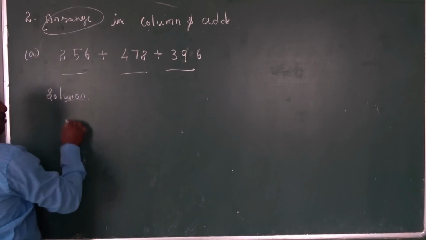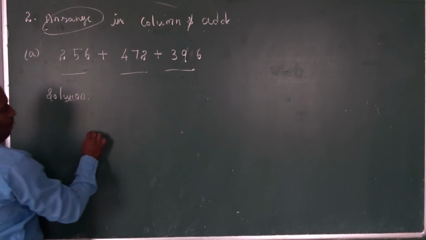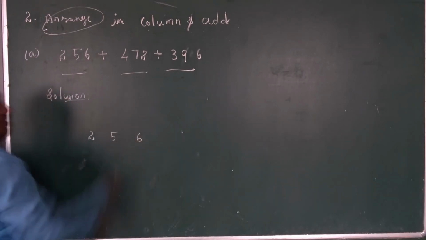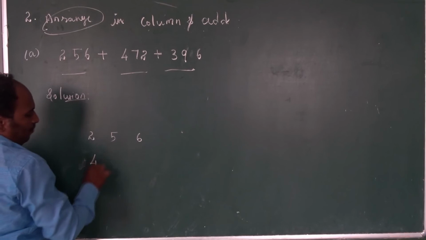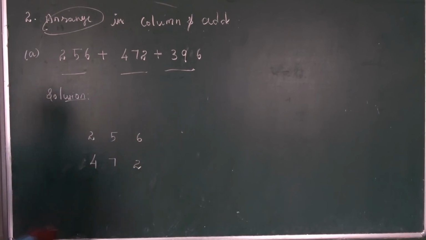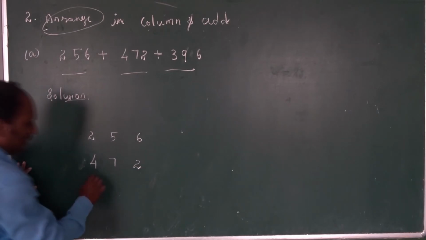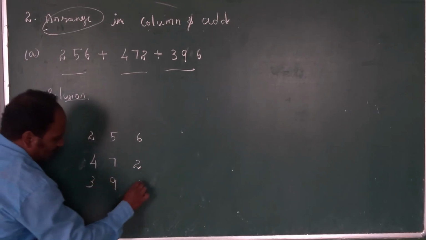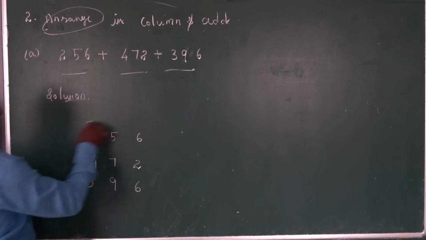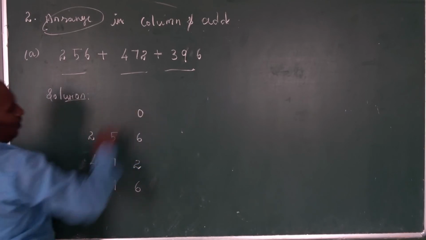First we arrange the given numbers vertically. 256, then the second one 472, then the third one 396.